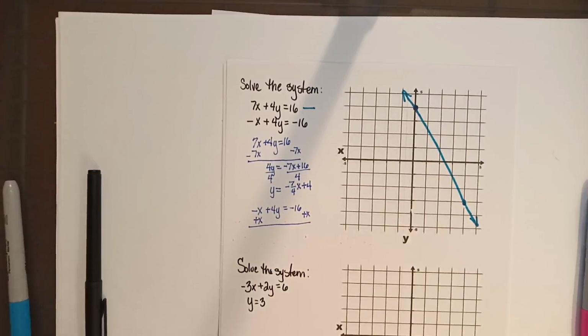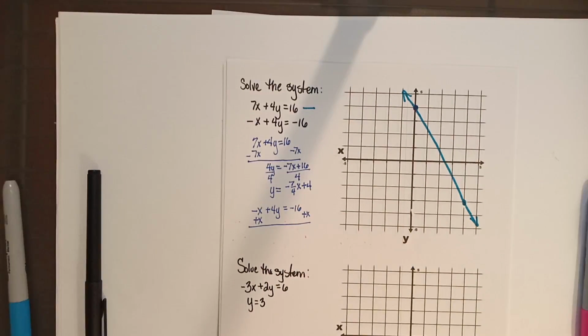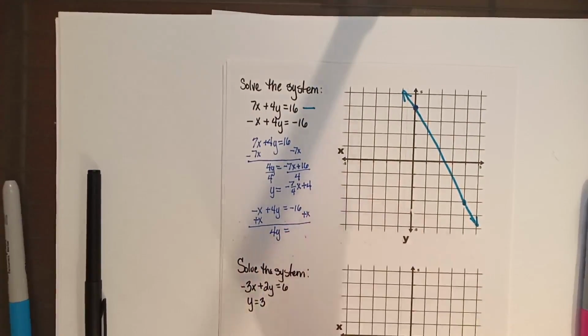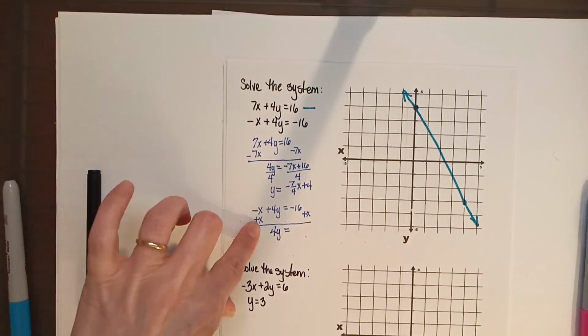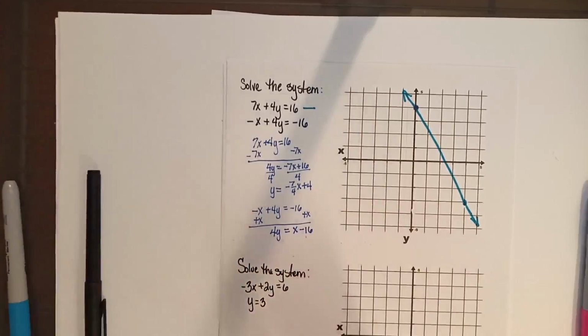That is not something that you can do because the 16 is a whole number, or actually it's an integer, it's a negative 16, and the x is a variable, and I cannot combine the two, not adding and subtracting. So 4y equals, and I'm going to move that x to the front because I like to have the x in the front. That'll be x minus 16.